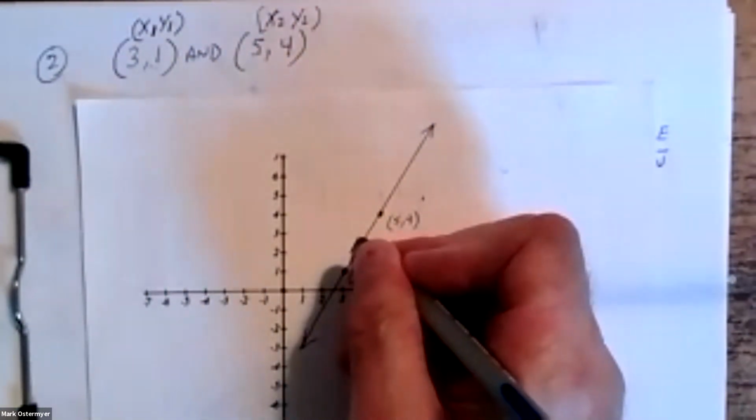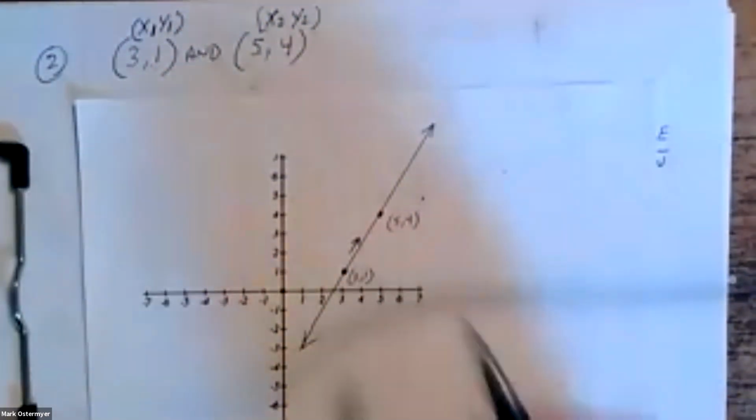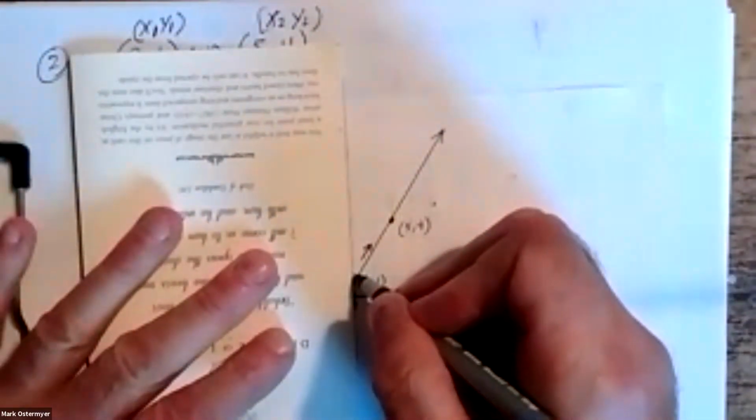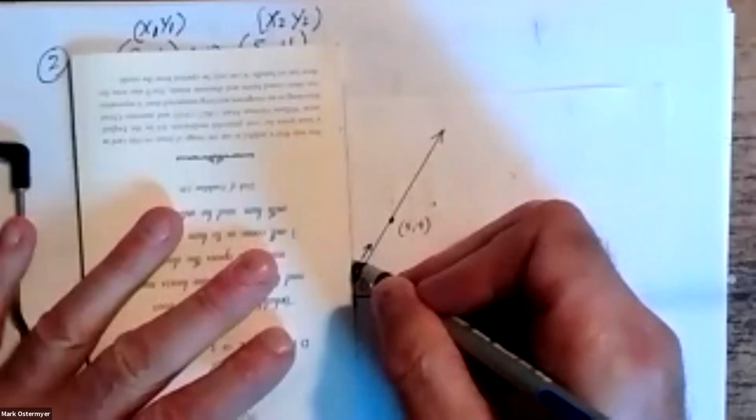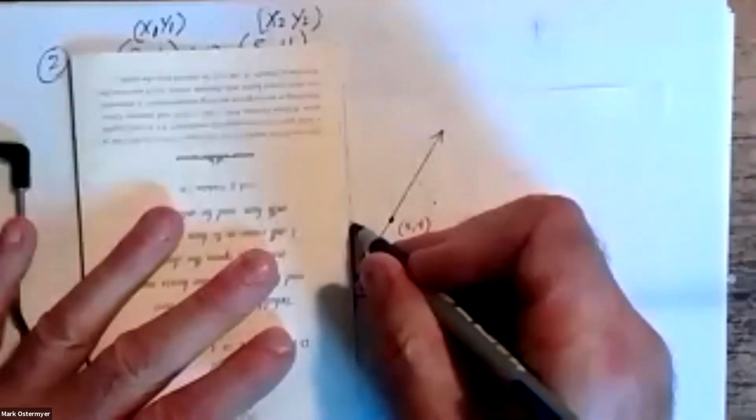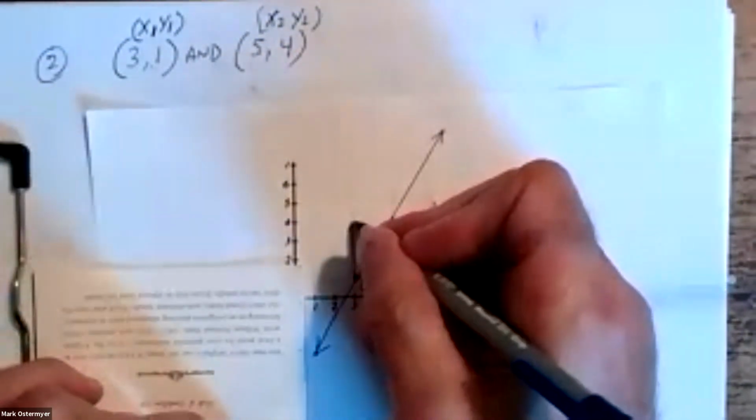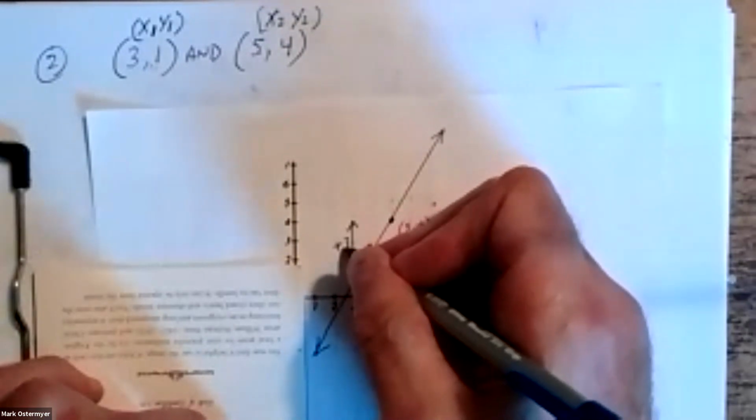So if I walk up the line this way, how much rise do I experience? The amount of rise is up 1, 2, 3. So I have a rise of positive 3. Notice my rise is moving in the positive y direction.